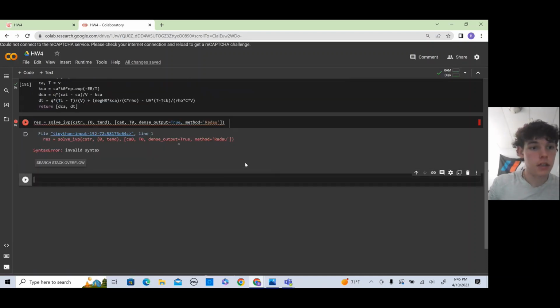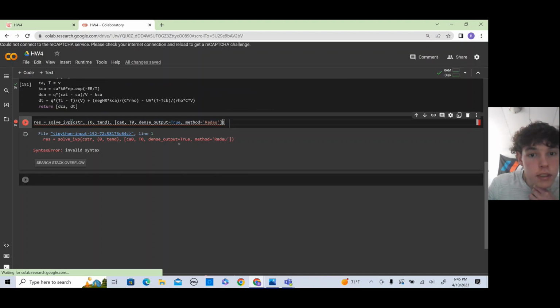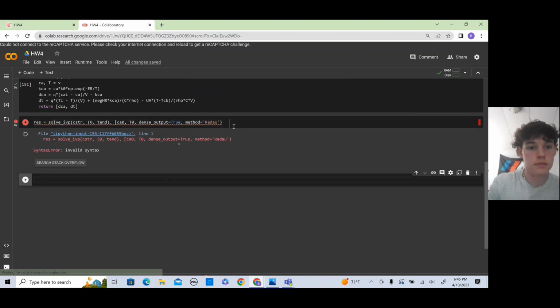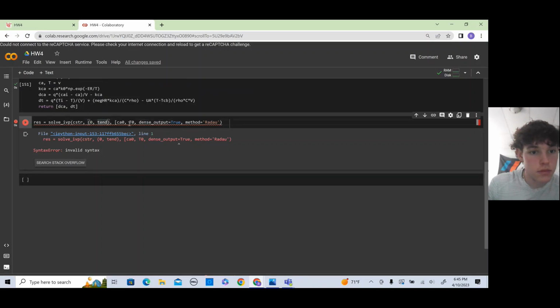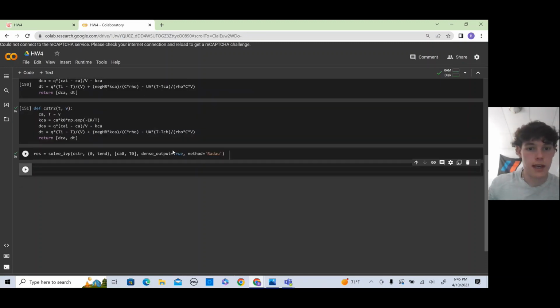Make sure that what is wrong there? Oh, this doesn't need to be there. Dense output equals true. What's wrong with that? Oh, this was misplaced. Okay, there's that.